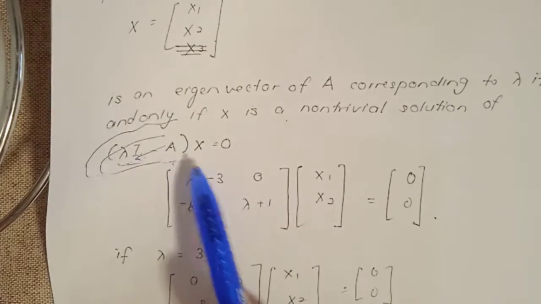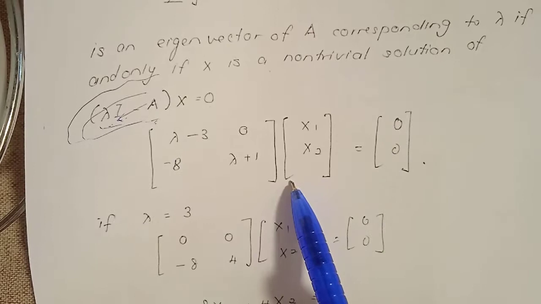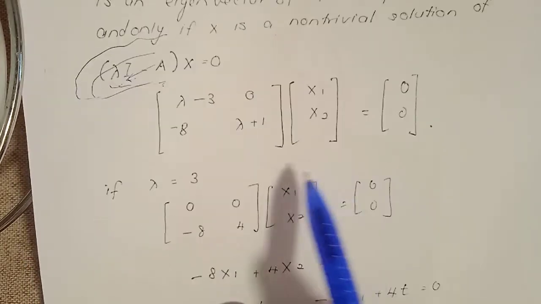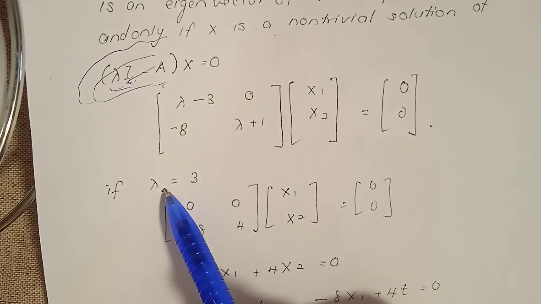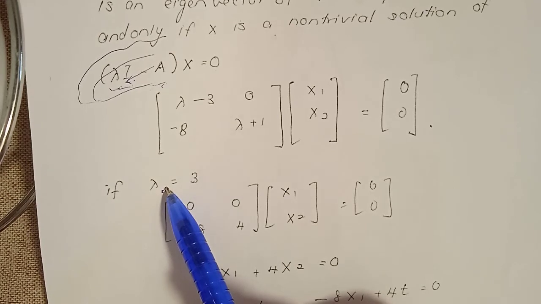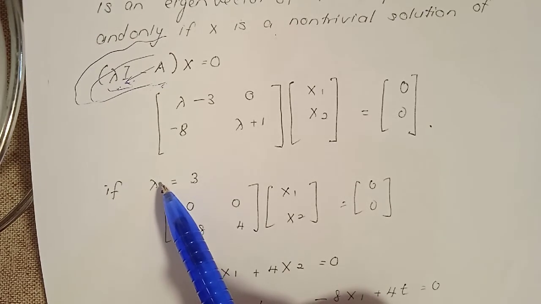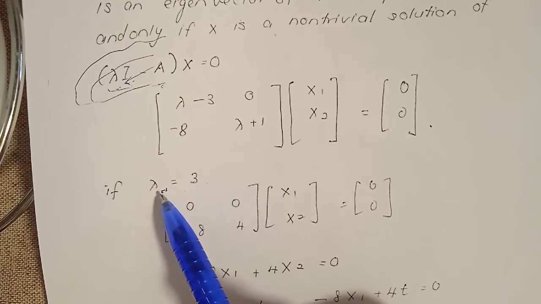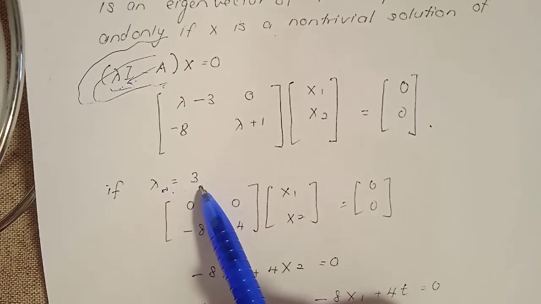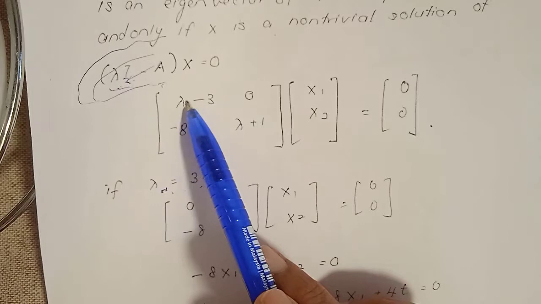So using this equation, let lambda be the first eigenvalue that we obtained earlier. Lambda is 3, put lambda 3 here.